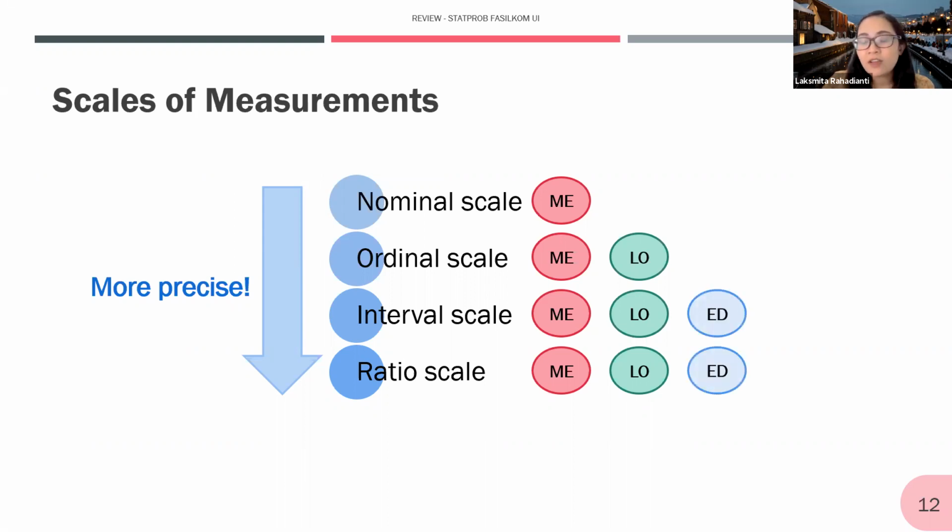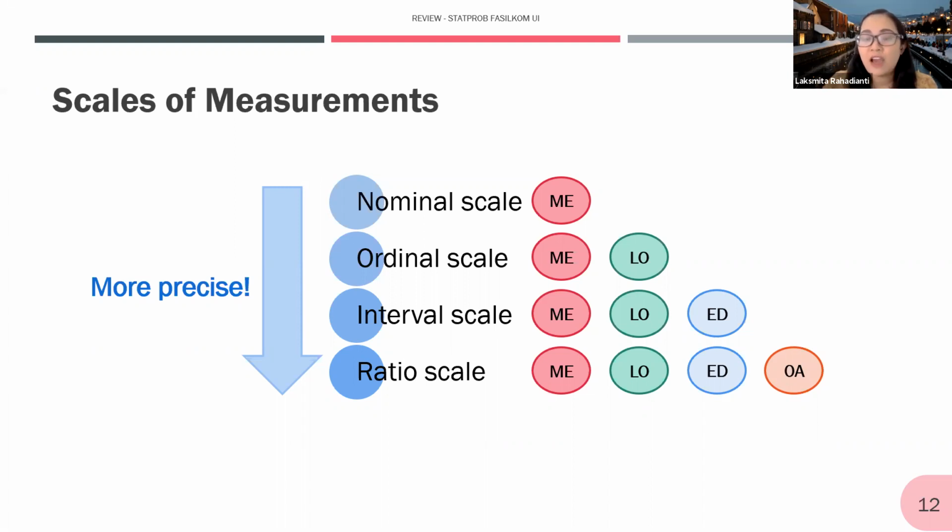Next, we also have equal distance. Is the distance between 3 and 5 the same as between 7 and 9? If it is, then it might be the interval or ratio scale, whereas for the ordinal scale, it is not. And lastly, in order to distinguish interval and ratio, you need to determine what 0 means on your scale. Is it just another point, or does it mean that you do not have a measurement?